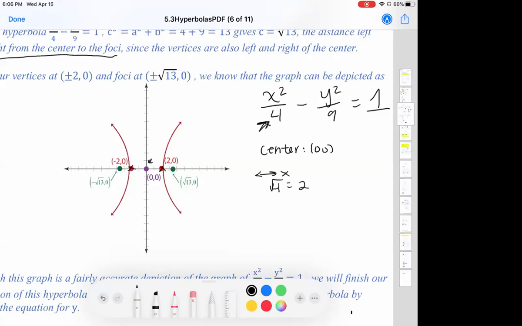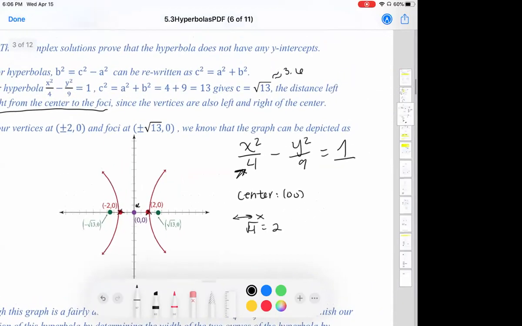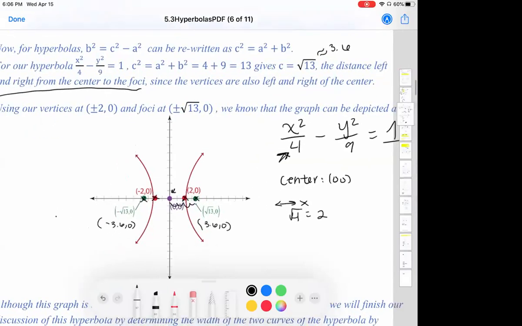So from your center, you move that much more, which is about 3.6. So from our center, we go 1, 2, 3, and a bit more. It gives us (3.6, 0) and (negative 3.6, 0), which are these points in green. How do we find that red image? We haven't really found that yet. It's just telling you what it's going to look like.